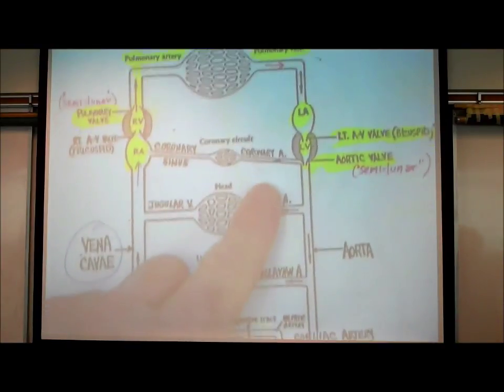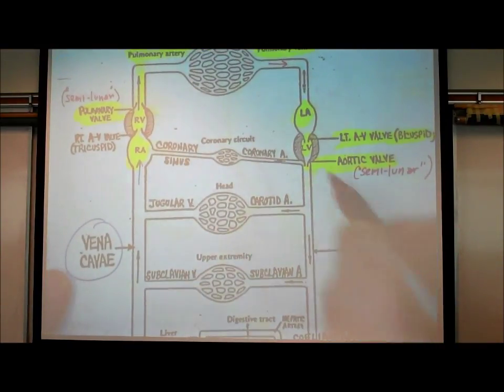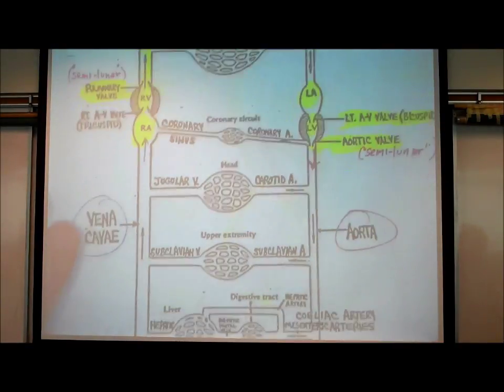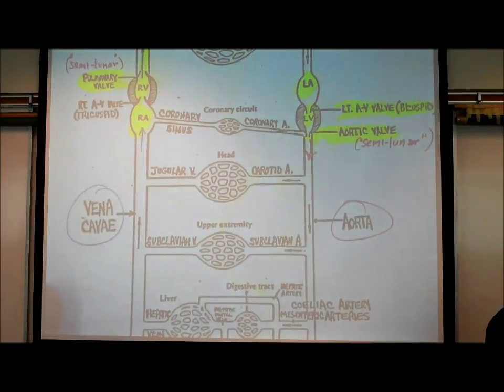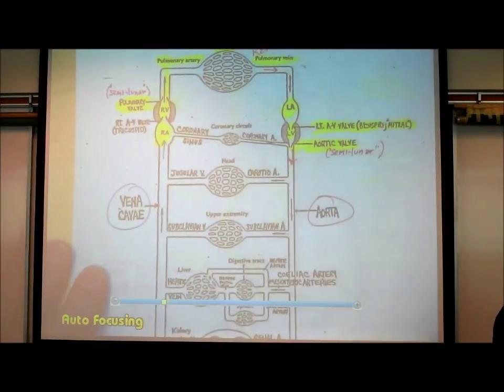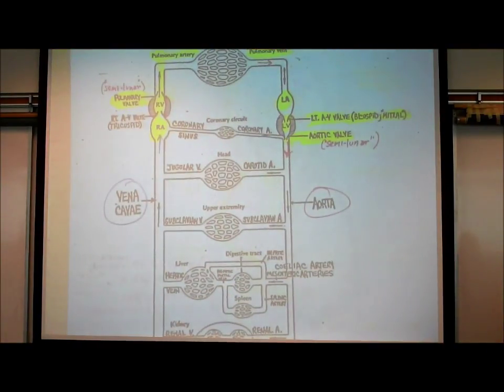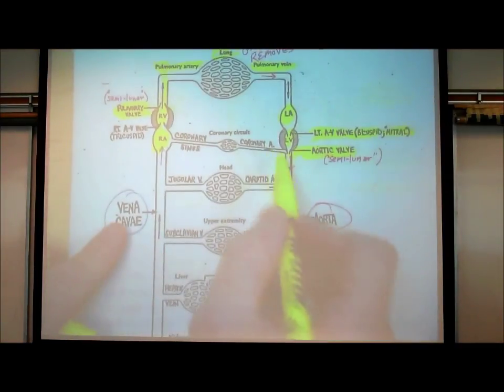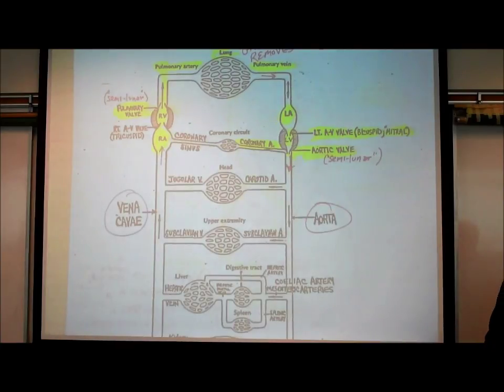Now, what this shows, and this is again a pretty neat diagram, is how the oxygenated blood's flowing through this aorta, and you can see all the various smaller arteries that branch off the aorta. The very first artery that branches off the aorta is called the coronary artery.